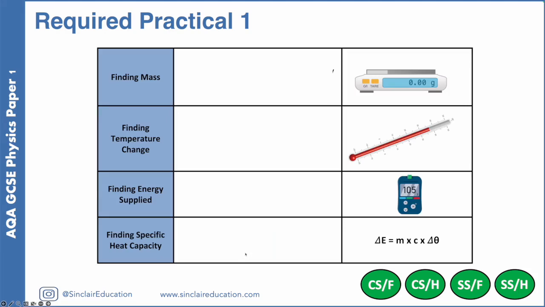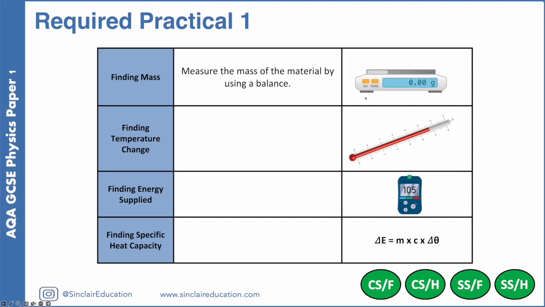My advice for structuring a 6-mark method around this is to use the equation. You could even write this at the top of your page: to find specific heat capacity, I will use this equation. Then you almost want a section in your answer around how you're going to find mass, how you'll find temperature change, and how you'll find your change in energy.